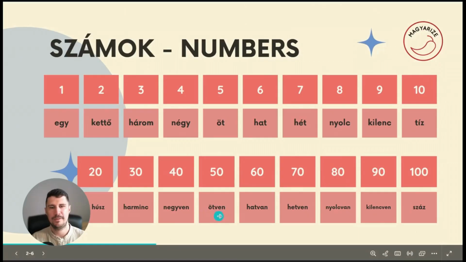We put the ven after öt as it is, ötven. Hat stays the same, hatvan. Hét turns into hetven. Nyolc stays the same, and we put the van at the end, nyolcvan. Kilenc stays the same, we add ven, kilencven, and száz is just one word.